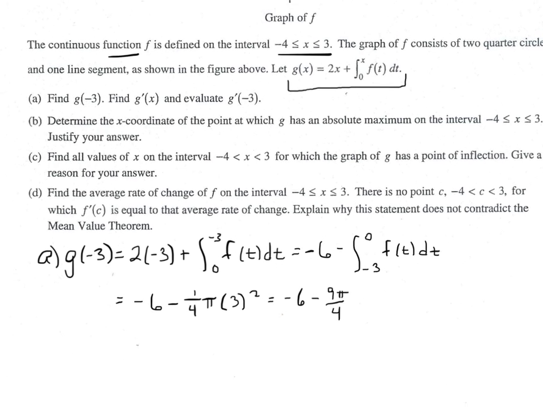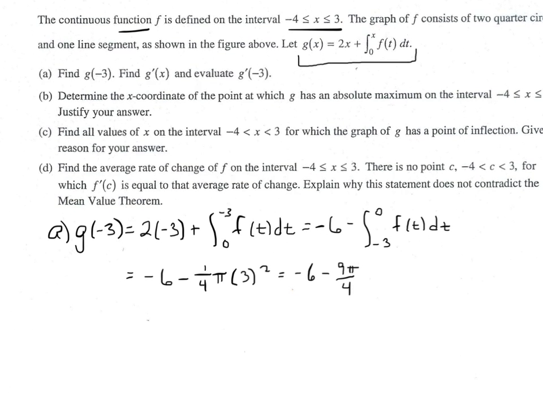Okay, still not done with part A. We need to find g prime of x. So g prime is equal to, the derivative of 2x is 2, plus, and now this is our second fundamental theorem. We want the derivative of this integral, which gives us f of x.